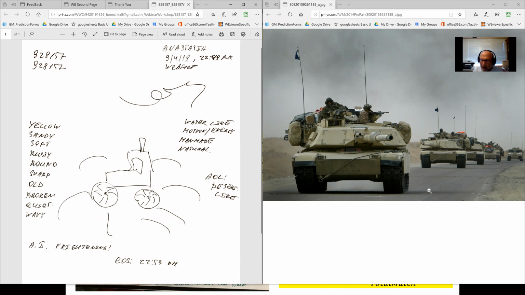Round, yeah, the tires are round. Sharp, maybe the top of the flags. Old, I don't know. Broken, doesn't look like it. Quiet, I don't think so. Wavy. Frightening, that's interesting. That is probably okay here, and the sketch is very good.